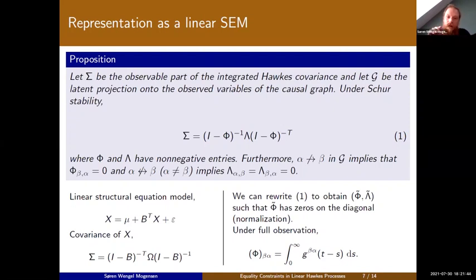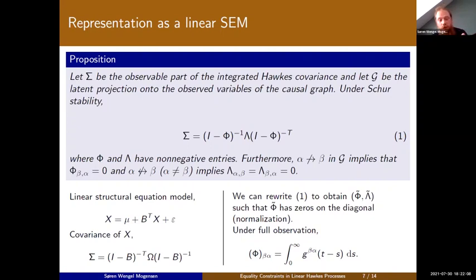The only thing which is different is that in the proposition, in the Hawkes covariance, I don't necessarily have that the phi matrix has zeros on the diagonal. That's a common assumption for the linear structural equation model, but I can easily rewrite it to get a representation such that the phi matrix actually does have zeros on the diagonal. This is very useful, as we'll see.